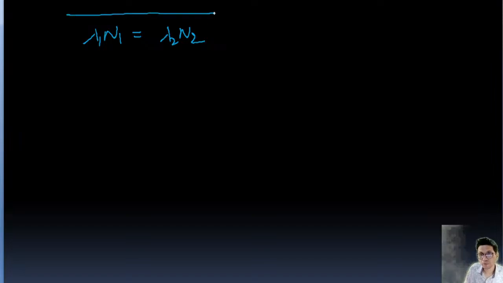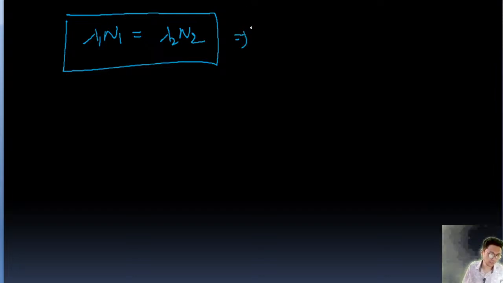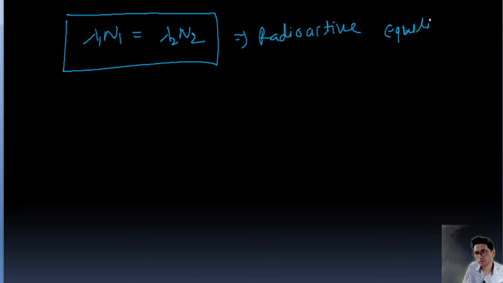So lambda 1 N1 equal to lambda 2 N2, this is called radioactive equilibrium.